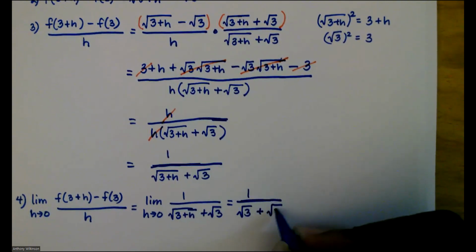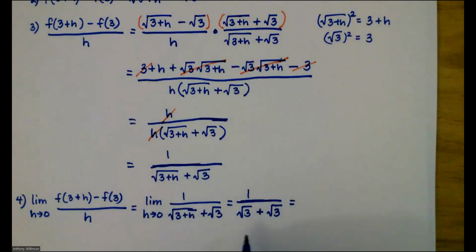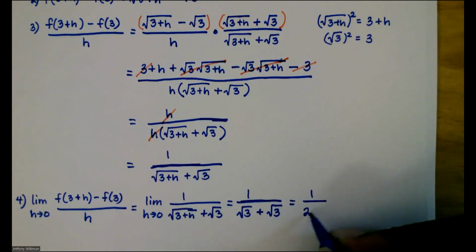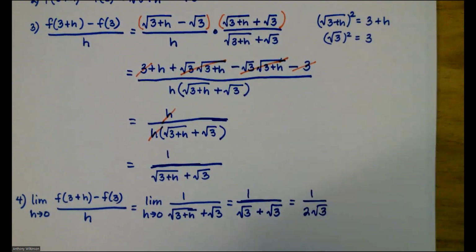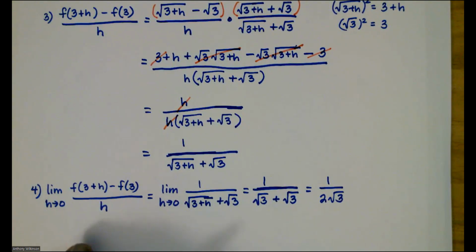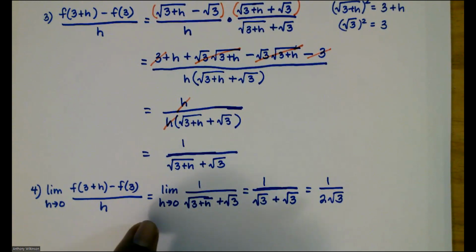And then I got another square root of 3. Now, how many square roots of 3 do I have? 2 of them. So it'd be 1 over 2 square root of 3. Okay. And notice I brought that notation of the limit as h approaches 0 over each time. I have to keep doing that until I actually take the limit.